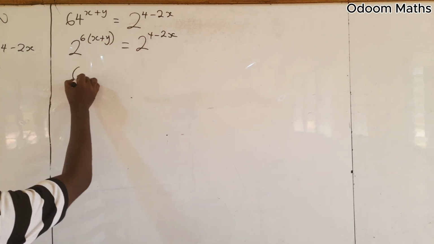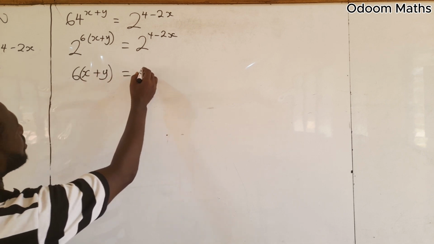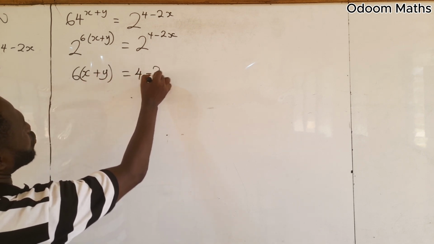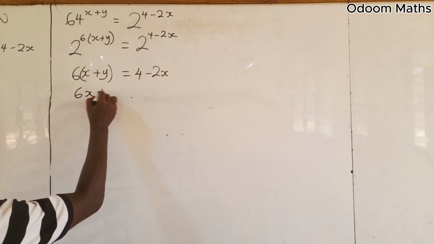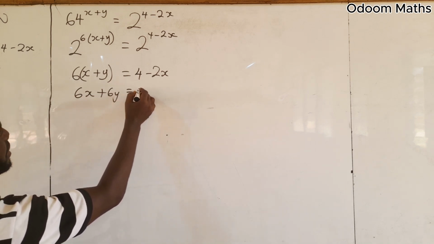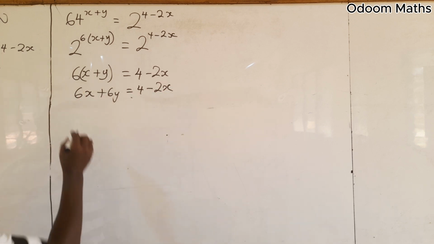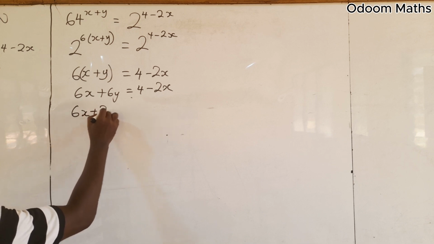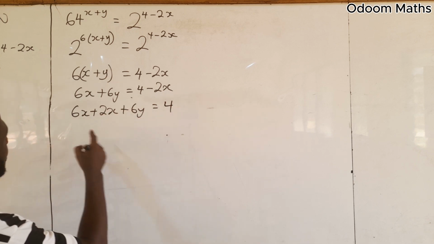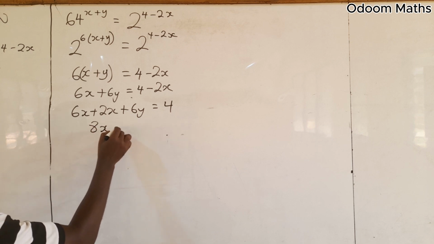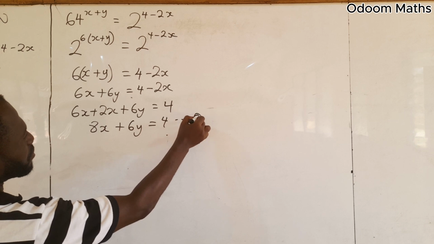So this is 6 into brackets x plus y equals 4 minus 2x. I'm going to expand this. Now 6x plus 6y equals 4 minus 2x. Then let me bring this to that side. So 6x plus 2x plus 6y is equal to 4. Then this is going to give me 8x plus 6y equals 4, and that is my equation 2.